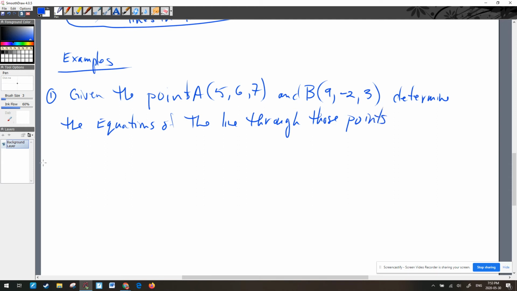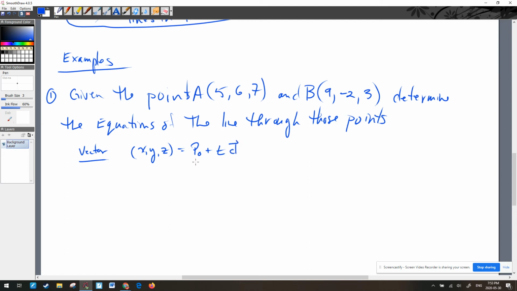If we envision it, we've got a point on the line and another point that's on the line. For a vector equation, which is what we're going to do first, I know that I need x, y, z equal to an anchor point, I'm going to call it P naught, plus t times a direction vector.